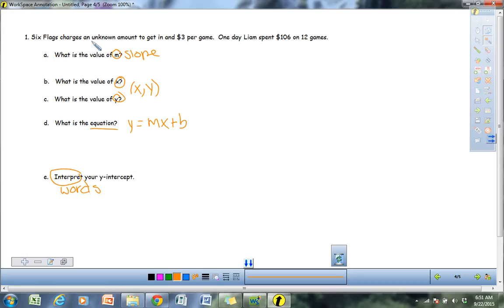Alright, so we don't know how much to get in, and we know $3 per game. Per tells me right there that that's going to be my slope. So my value of m is 3. One day Liam spent $106 on 12 games. So one way that you can also look at this per here is that we can think of it as y per x.